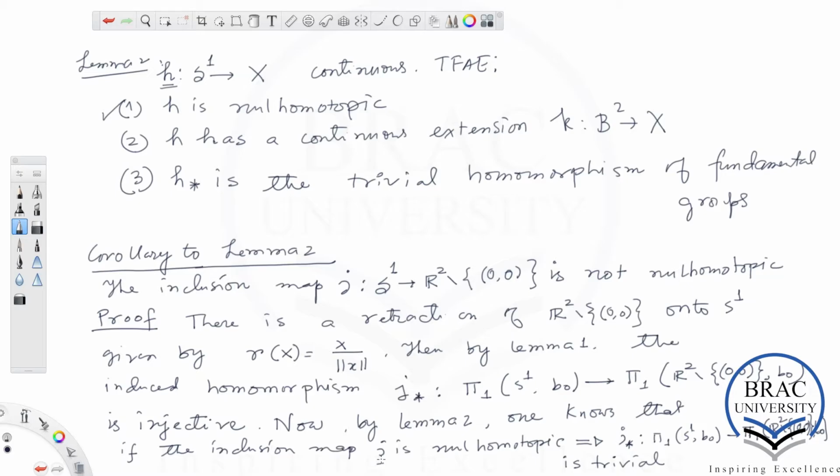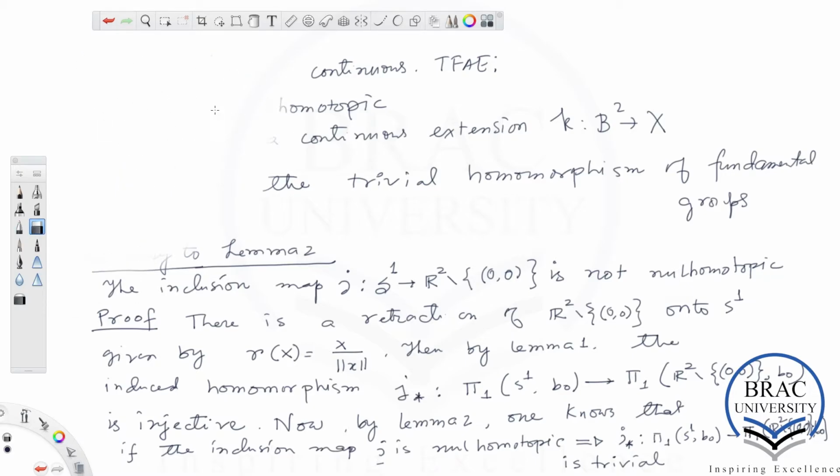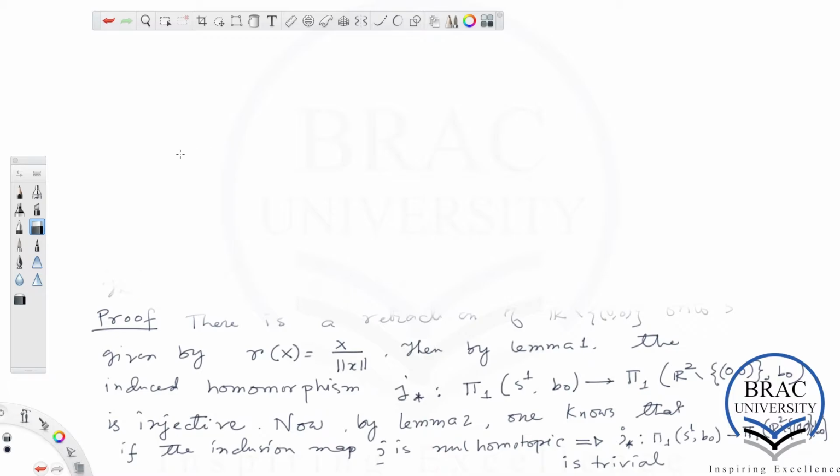Now the point is that we have seen that the induced homomorphism J star is injective, which followed from Lemma 1.